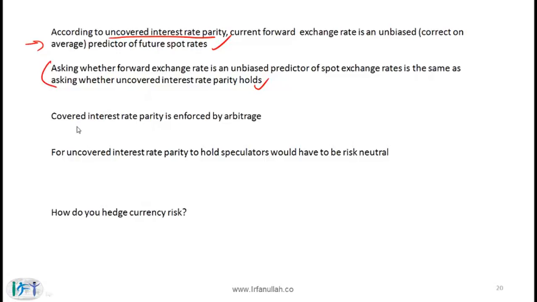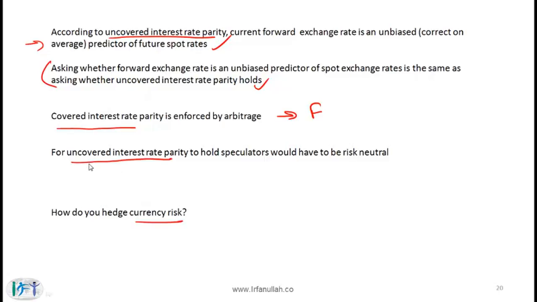As we've seen before, covered interest rate parity is enforced by arbitrage. So this allows us to determine the forward rate. If this relationship does not hold, then there is a lot of arbitrage profit that can be made and the forward rate will adjust. So essentially, arbitrage helps enforce that covered interest rate parity holds.